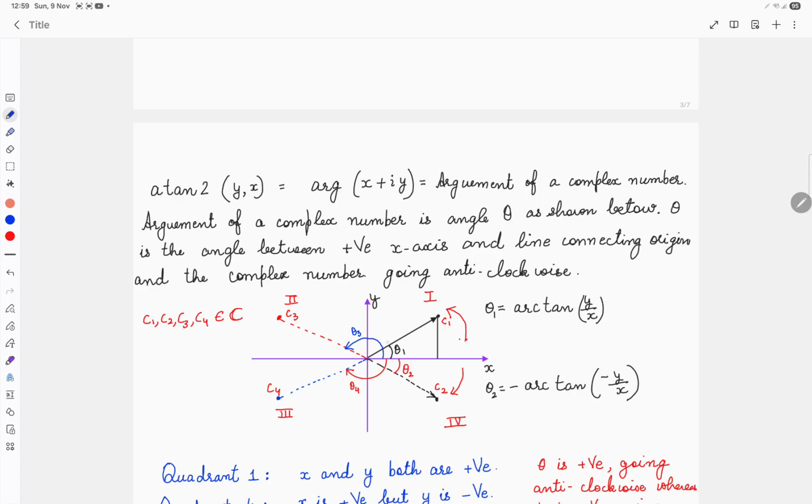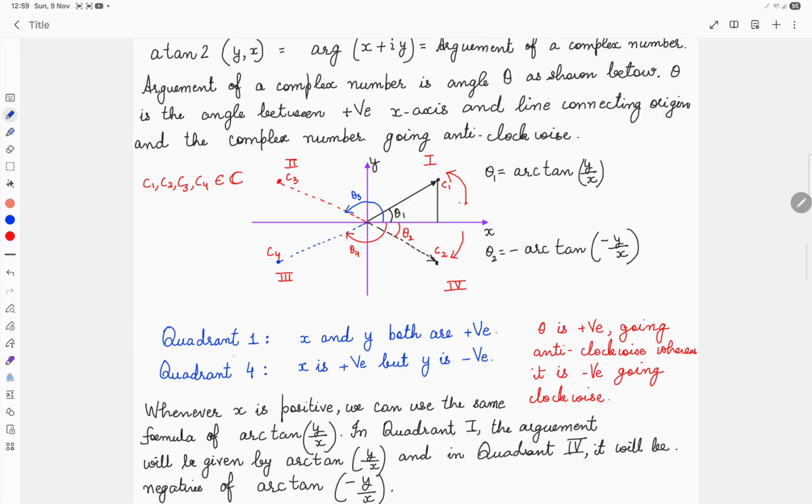So this is the vector connecting the origin and this point, and theta 1 is the angle when we move anti-clockwise from the positive x-axis to this vector. That is the argument of the complex number.